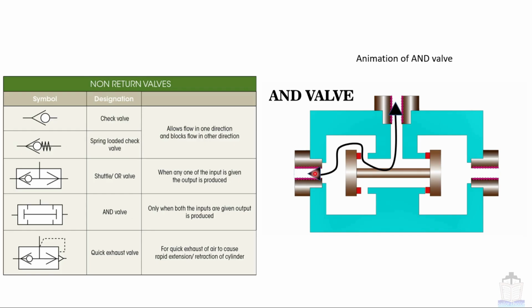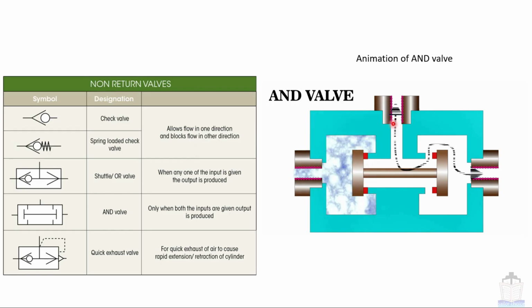Similarly, if this port is pressurized, then this valve will be closed and it will allow gases or liquid to flow this way. So this is how this AND valve works.